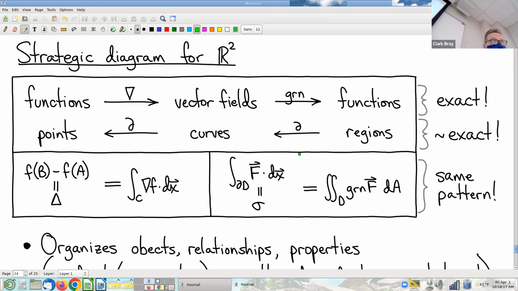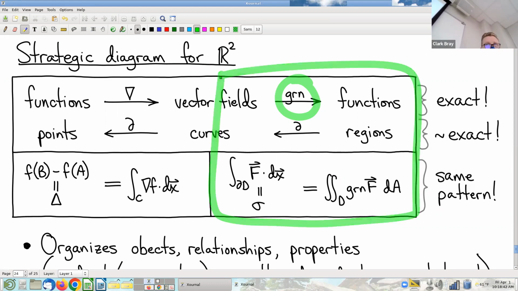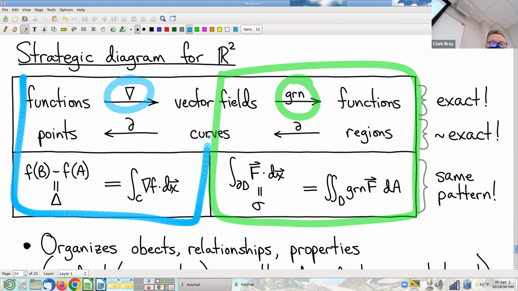The way we're going to use it in this class is as a memory tool and as a sort of pattern recognition kind of thing. And by the way, for whatever it might be worth, I think this is nice. But if you're having some trouble understanding what's the deal with Green's operator, one way to think about it is that Green's operator plays a role in this part of the story that is analogous to the role that gradient plays in this part of the story.